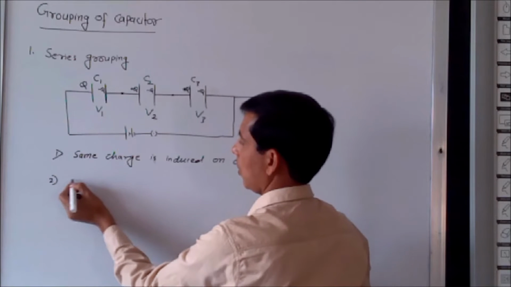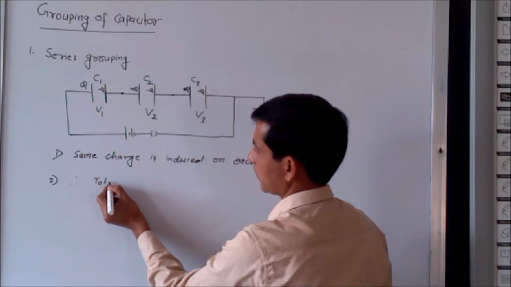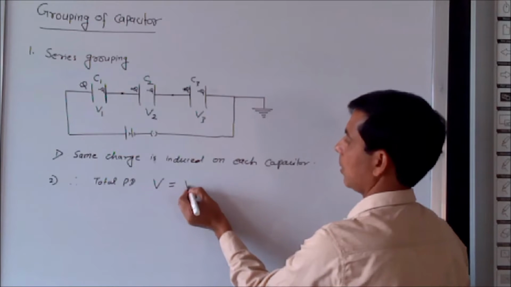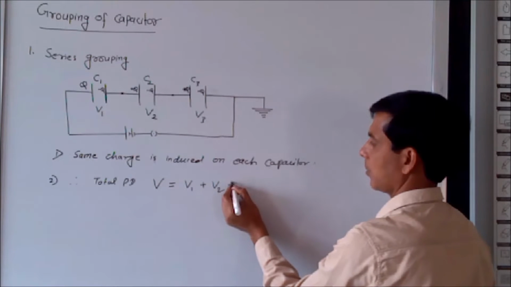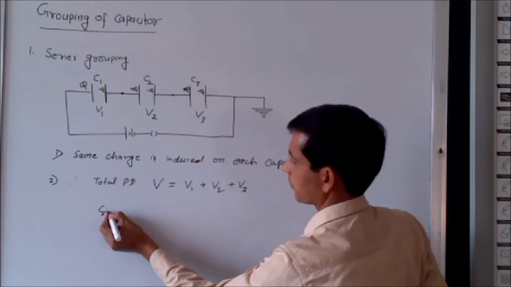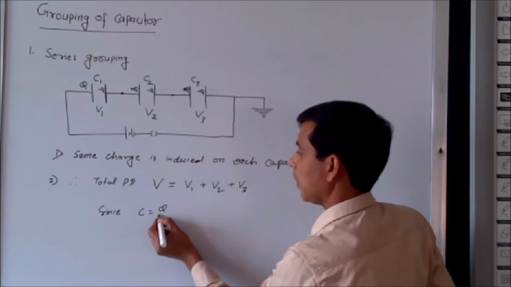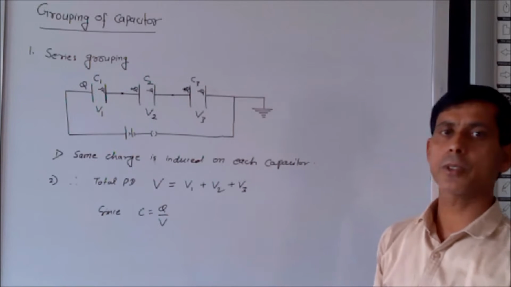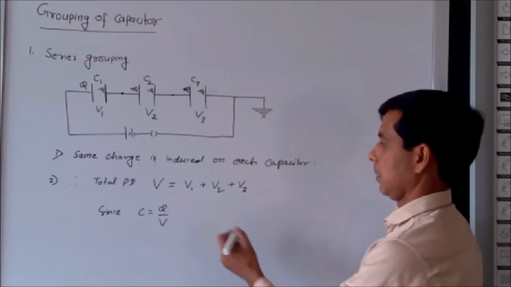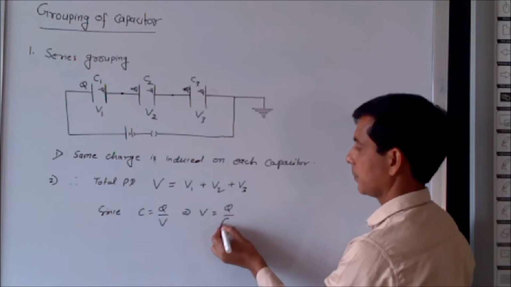Therefore, the total PD will be V equal to V1 plus V2 plus V3. Since we know that C equal to Q by V by the definition of capacity, therefore V equal to Q by C.